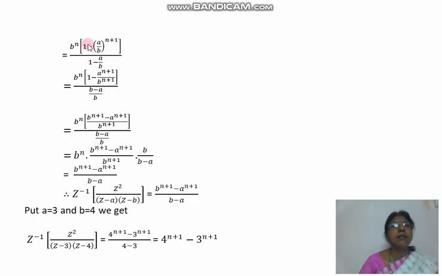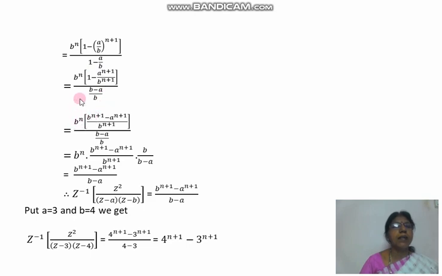b power n into 1 minus a power n plus 1 by b power n plus 1, by 1 minus r. After taking the LCM, this is b power n, 1 by a minus b power n plus 1 by a minus b. Elaborate the LCM: 1 minus a power n plus 1 by b power n plus 1. In the denominator, the LCM is b minus a by b.